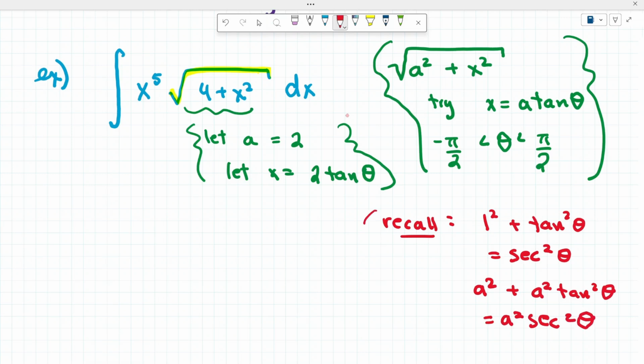Keep this identity on the side of your paper because we'll have to use it pretty soon. Okay, back to our problem.